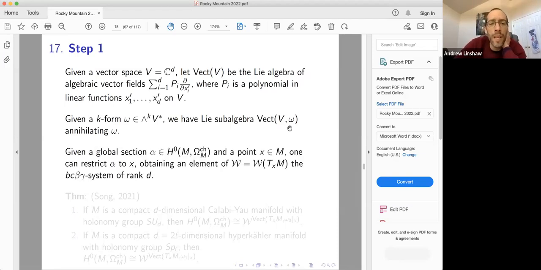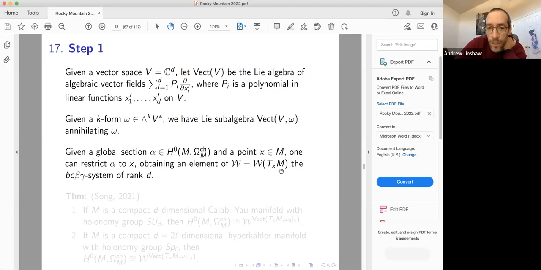Now, given a global section and a point, I can restrict the global section to the fiber, and I get an element of W. W is the bc beta gamma system on some vector space. What is the vector space?